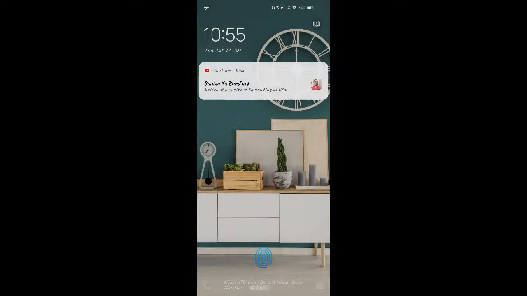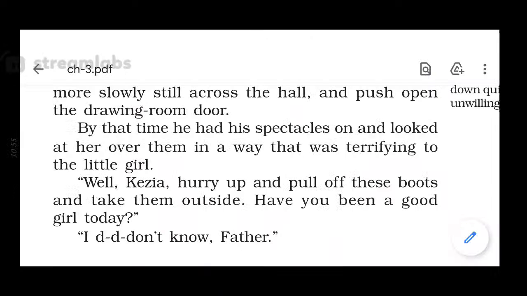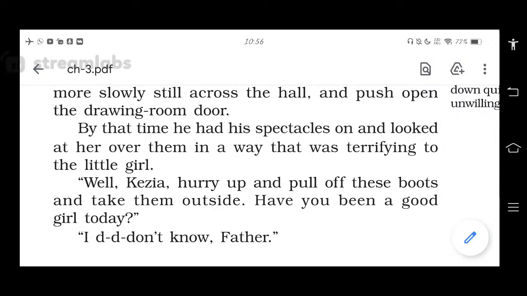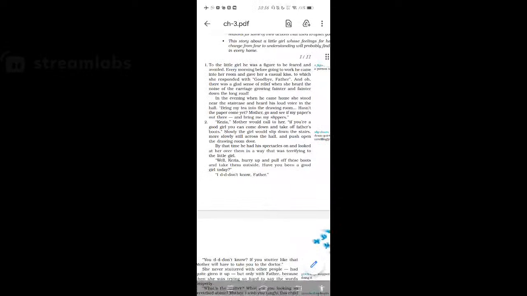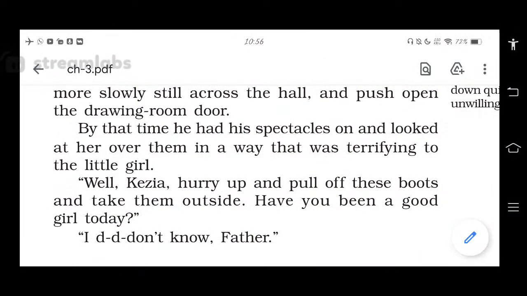Right? Did you understand this? Did you all get my point? Okay, right here. By going through these two paragraphs, we understood, first thing, that for the girl, the father is only a figure to be feared. And the second thing, her father usually goes to this girl's room and kisses her.